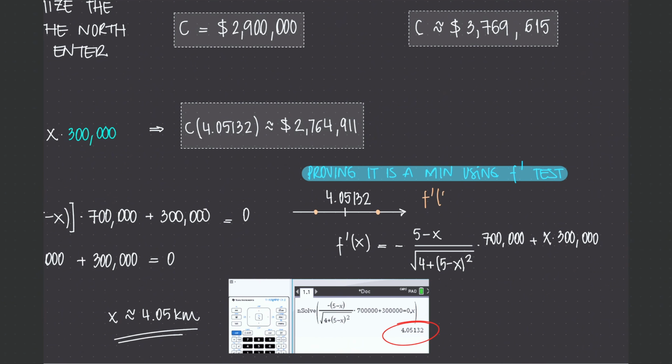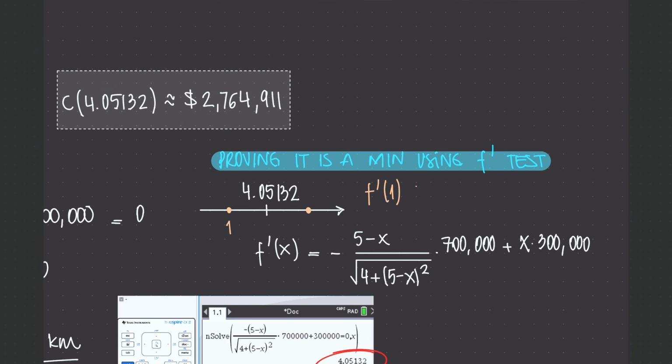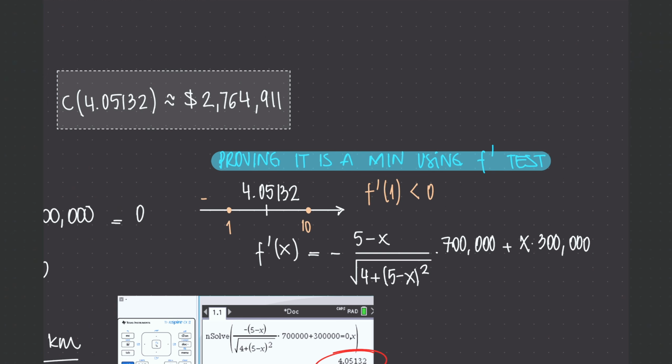So you can find, for example, f prime of 1. And by substituting 1 over here, you get a negative number, more precisely negative 326,000 and something. The number itself doesn't really matter. What matters is the sign. So this means that the function is decreasing over here.